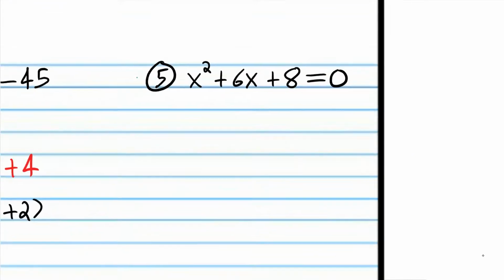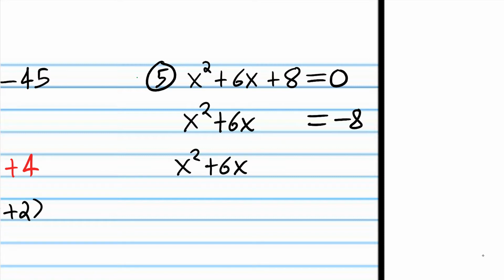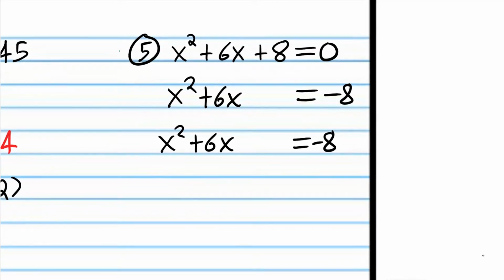All right, we're back. Notice I'm leaving a space here. How do we complete the square? We take this number, divide by 2 to get 3, and then we square it to get 9.